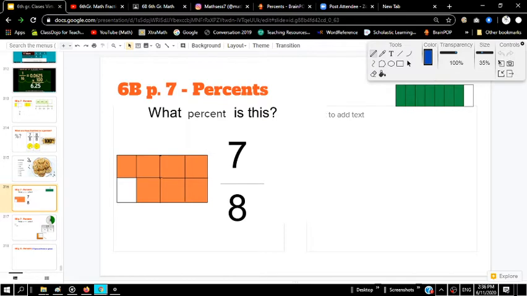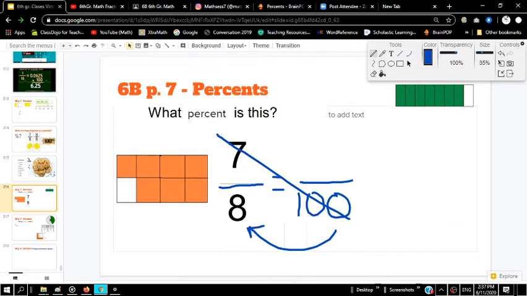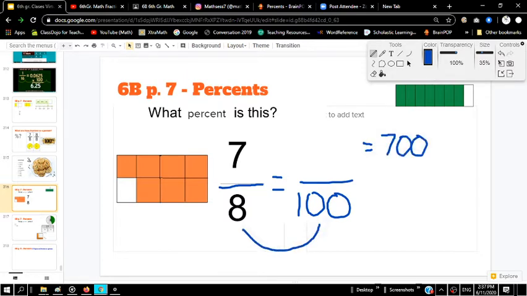So if we take 7/8 and we compare that to the amount over 100, again, we can do our strategy, which is multiply across 7 times 100 and then divide by the denominator. Okay, so I'm going to do that right now. 7 times 100 equals 700. And then we're going to divide that final answer by 8 to get our percentage.